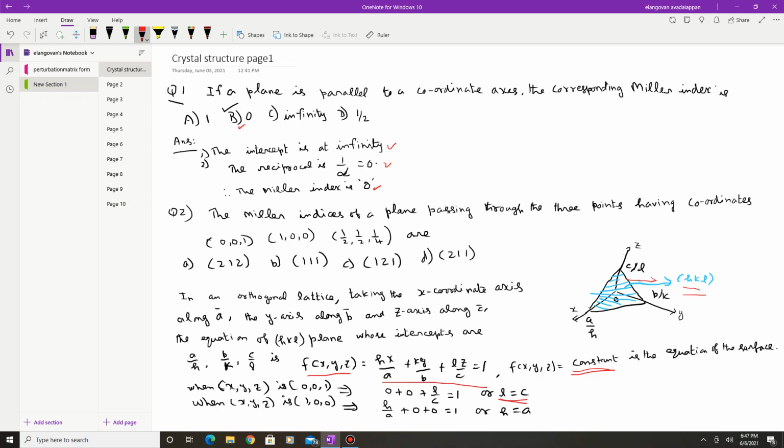Similarly, the same equation has a point 1, 0, 0, which is another point on the surface. So you substitute x is equal to 1, y is equal to 0, z is equal to 0 in the equation of the plane. By solving this, h is equal to a.